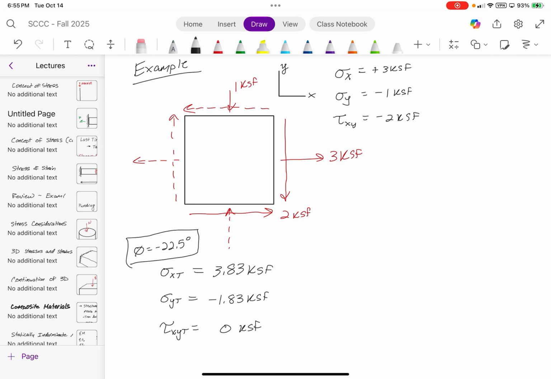Did everyone get these stresses? 3.83, negative 1.83, and 0? If you didn't, raise your hand and let me know. I think it's just a calculator. Well, let me come over to you.